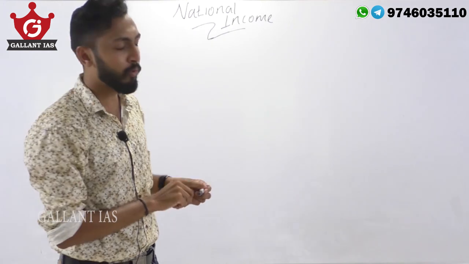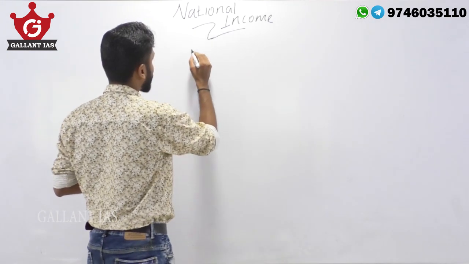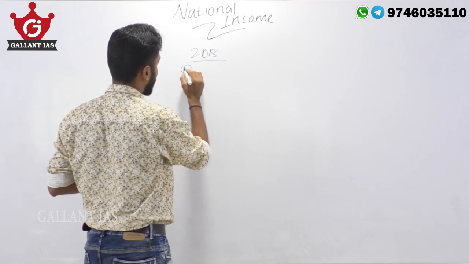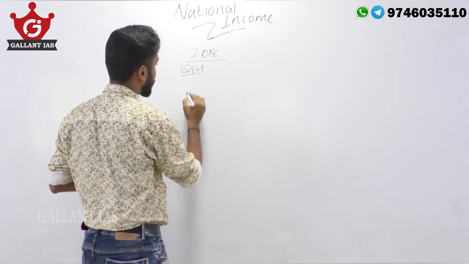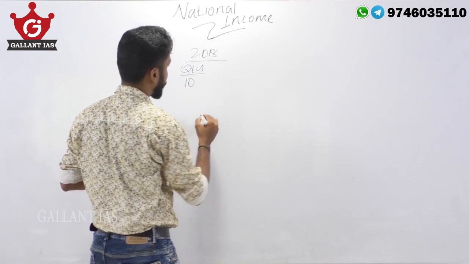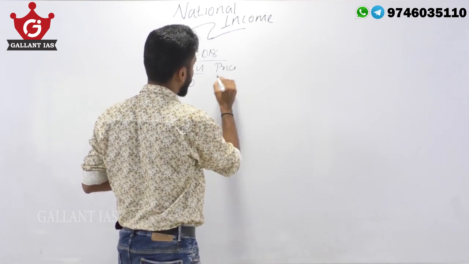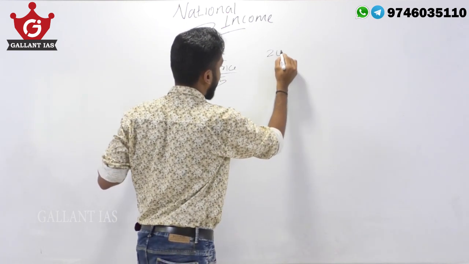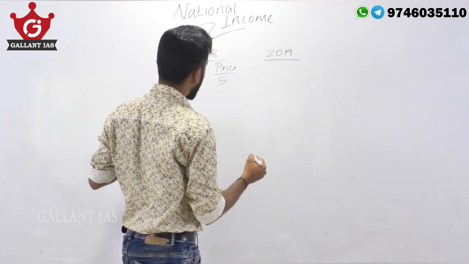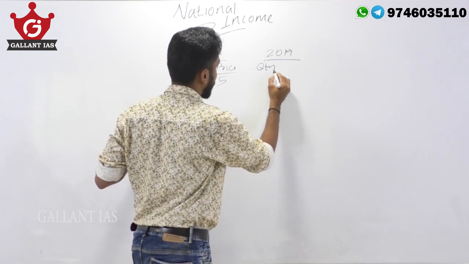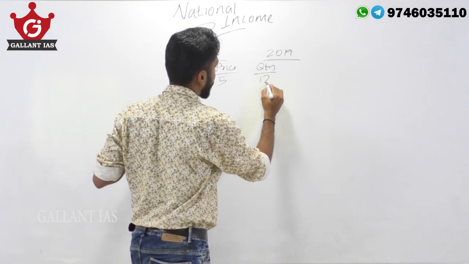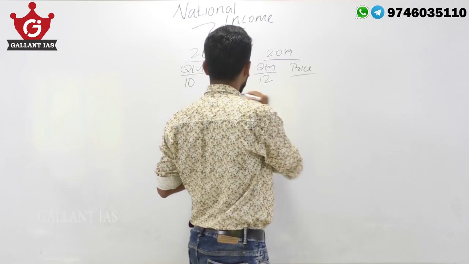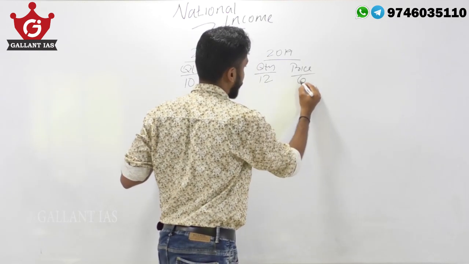In 2080, the quantity of coffee produced is, let's say, 10, and the price of 1 kg of coffee in 2080 is 5. In 2090, the quantity produced is 12 and the price increased to 6 from 5.